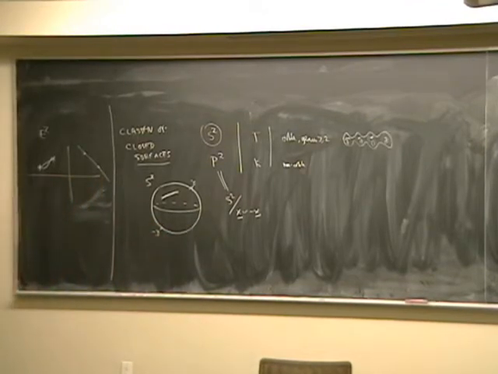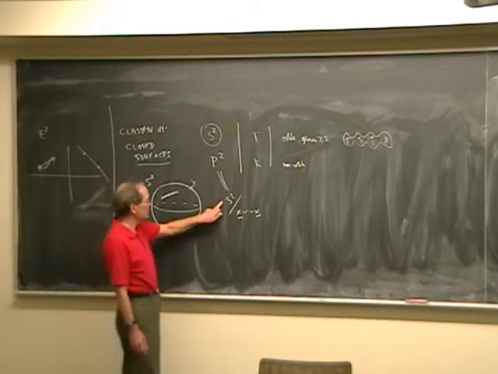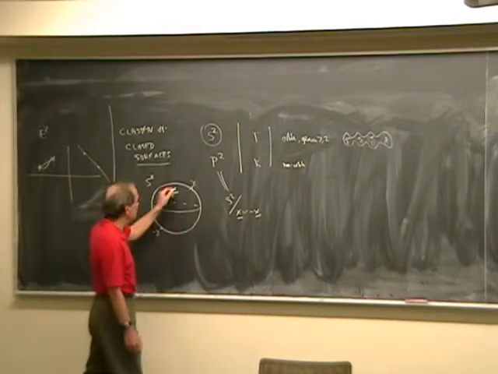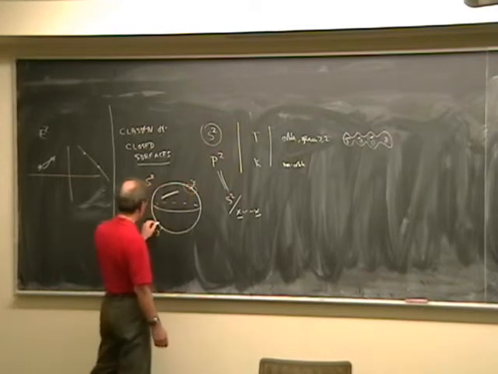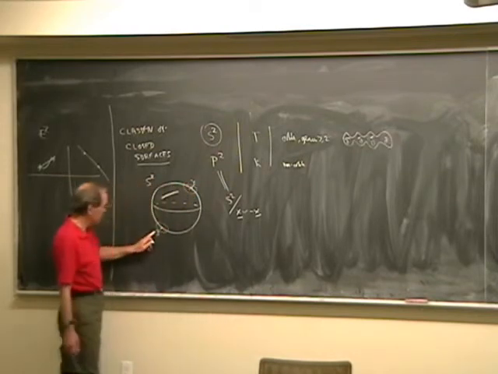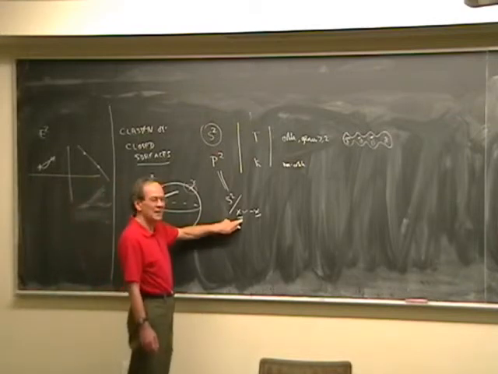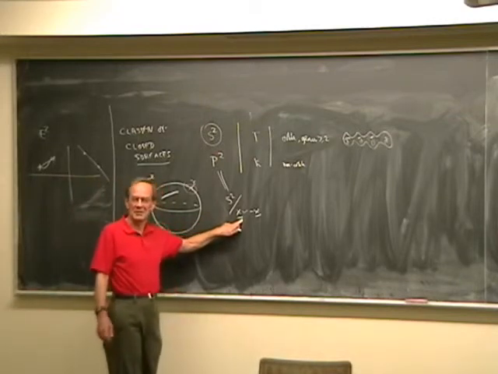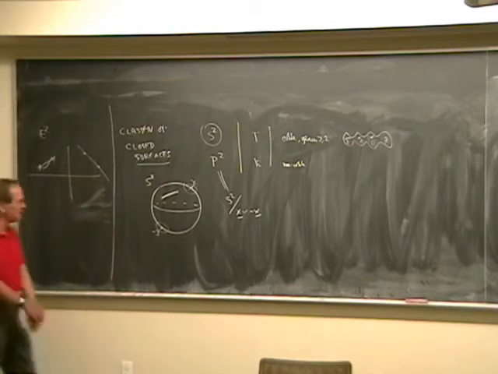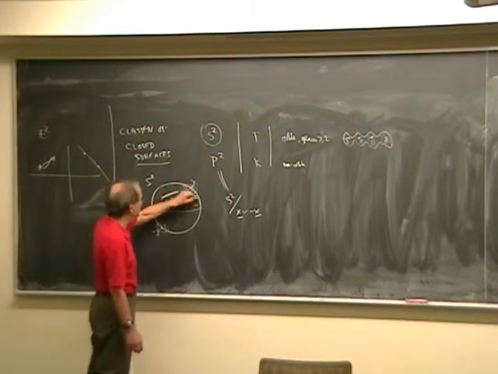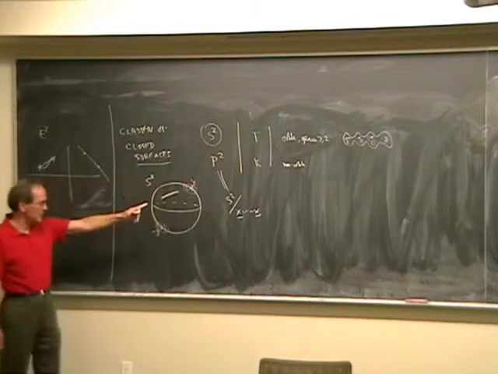The first thing to point out about the projective plane is that locally it's just a surface, just like the sphere. If I take a small disk centered at x and a small disk centered at minus x, these two disks get identified together, and the result is just a disk inside the projective plane.